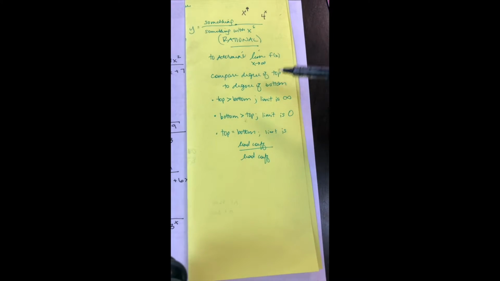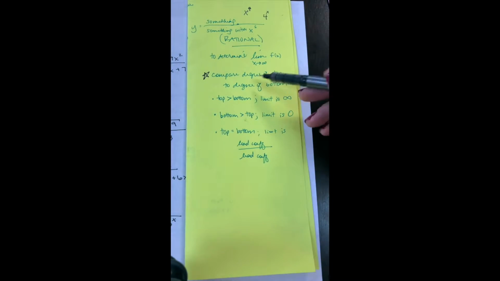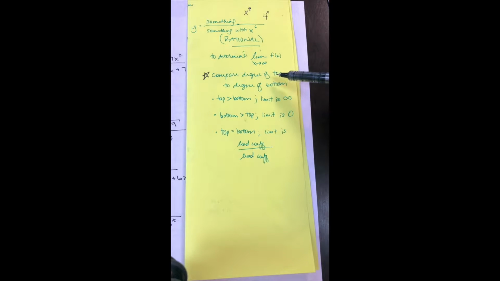First of all, if we have a polynomial function, to determine the limit you're going to compare the degree of the function on the top, the numerator, to the degree of the function on the bottom, the denominator. Now we have to know what degree is. The degree of a polynomial is the biggest exponent on a variable.